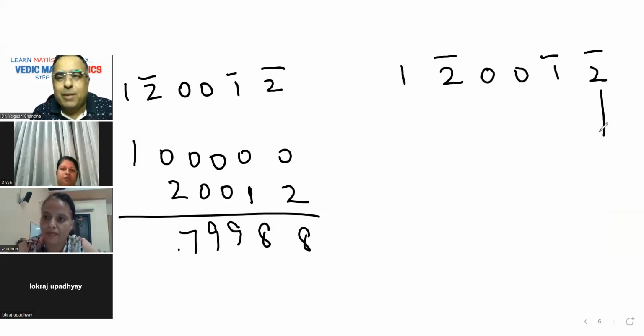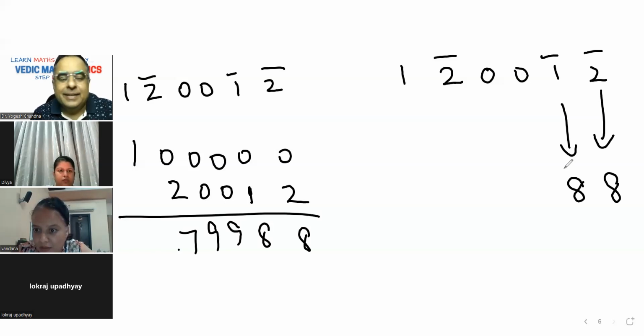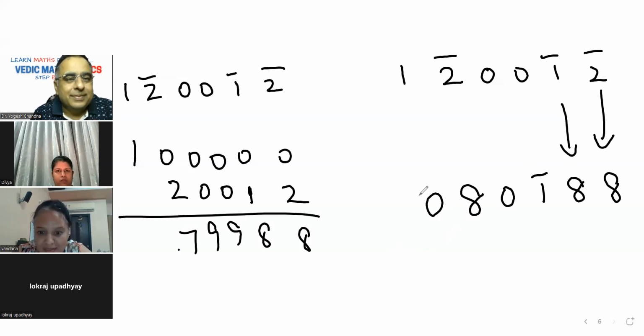See now, 1, 2 bar, 0, 0, 1 bar, and 2 bar. Correct? So first we apply R1, 8. Yes sir. 8. R2B, 1 bar, 8. 8, 1 bar. Now that means 1 bar, 1 bar, 0. Now R1. So 0, 8, 8. Now, 0.